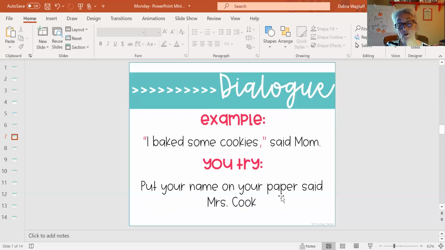The sentence says, put your name on your paper, said Mrs. Cook. So we know because it says said that it is just a declarative sentence, a statement. So you should have put quotation marks at the beginning, a comma after paper, and then quotation marks, said Mrs. Cook, period.